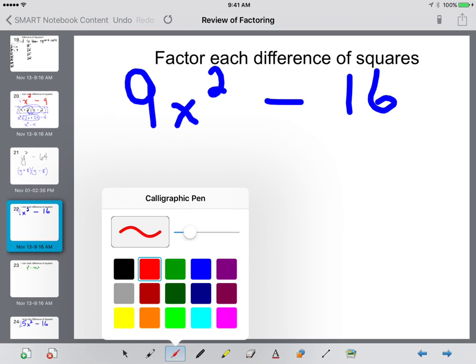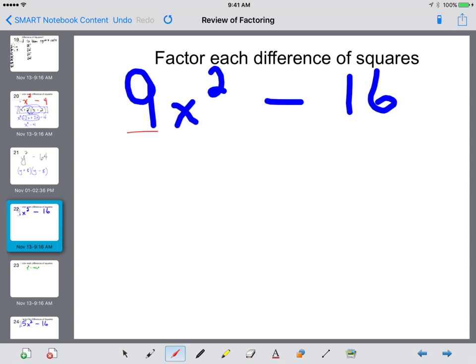Here's one that's a little bit harder. To factor this, we just need to worry about the number in front. We just need to split this full term up evenly. It's still going to be separated in a binomial with one being a positive, one being a negative. The square root of 9 is 3, and when I split up the x to the second power, I have x.